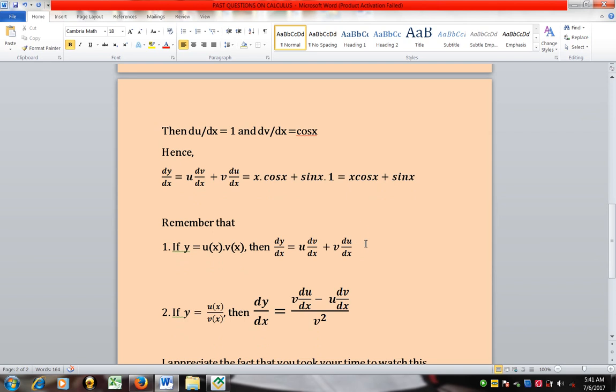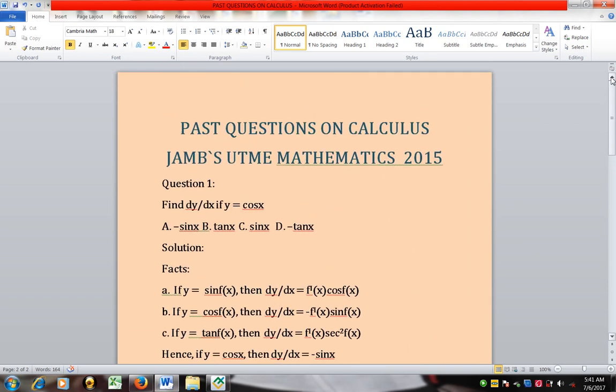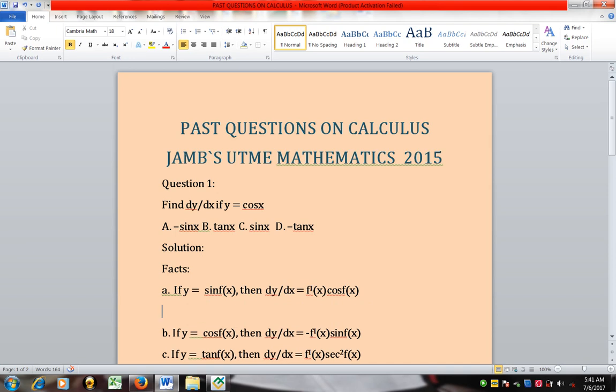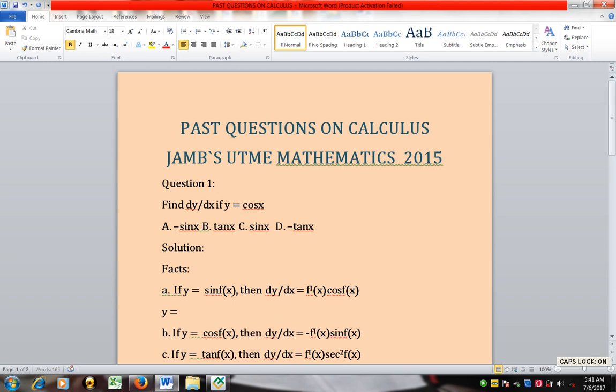Again, let me further explain something here. If y is equal to sine of a function of x, we said our dy/dx will be equal to f prime of x cos f of x.